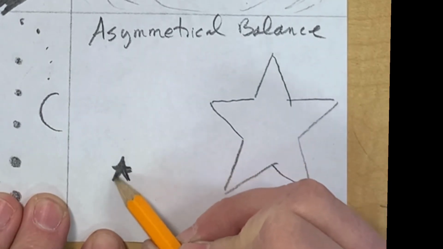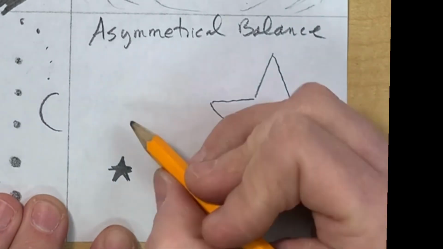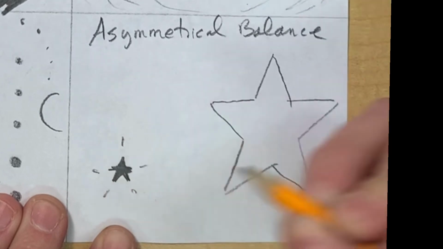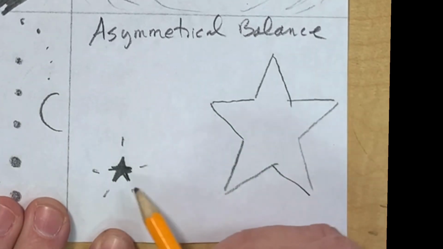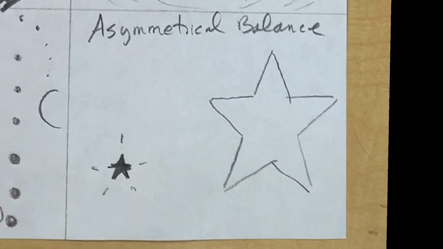Then I have a little bitty dark star. The big shape is balanced out by the darkness in the star. And because it still felt like it's pulling, I added some other little points, and now it pulls you back. So it makes you want to look more at both of them. So play with it. Every time you change one side of this, you'll have to change the other side.